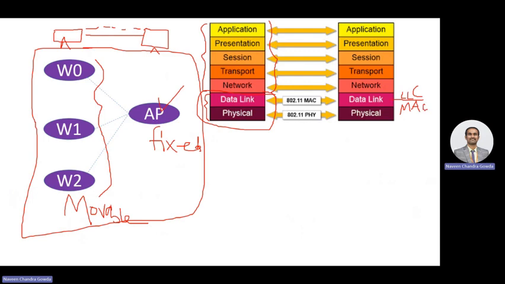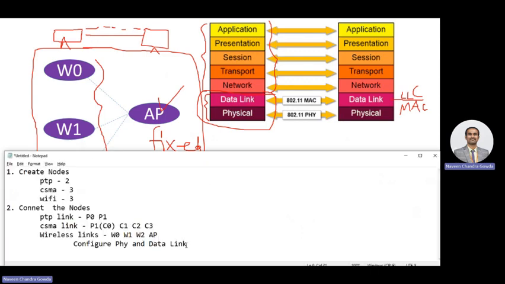Among the LLC and MAC layers, the layer that actually bothers about accessing the link is the MAC layer, not the LLC. So whenever I say data link layer, it is nothing else than the MAC layer. Whenever you create wireless links, you need to configure the physical layer and the data link layer specifically for your wireless links.